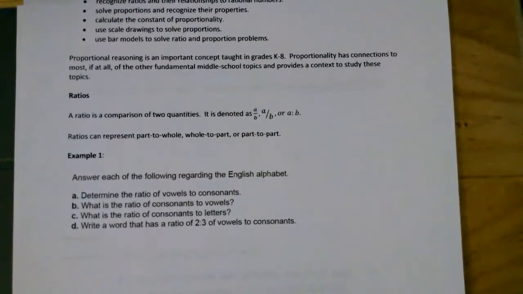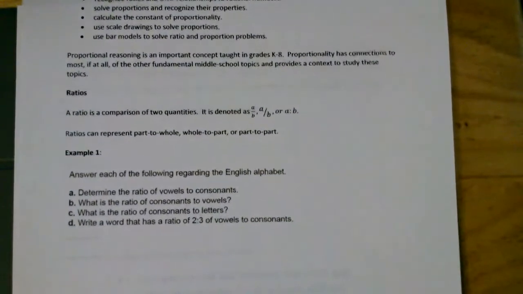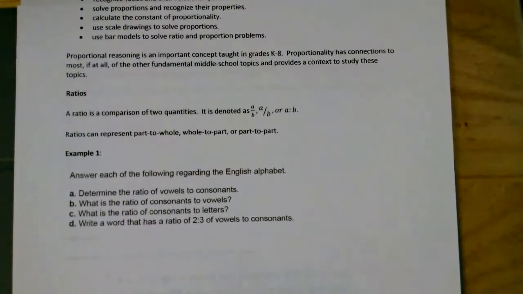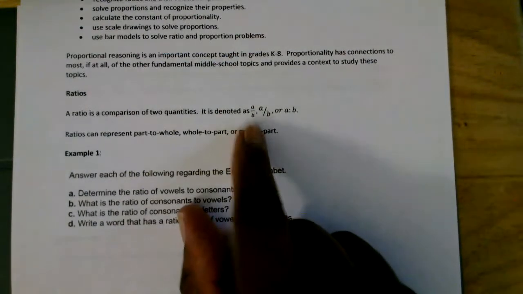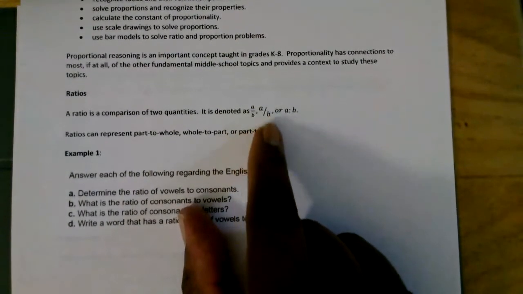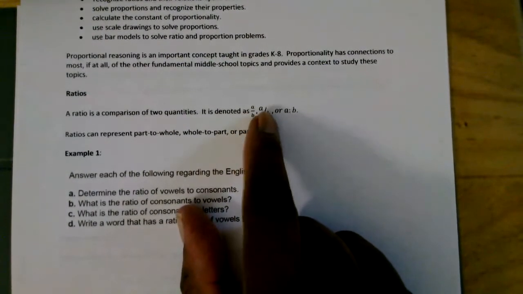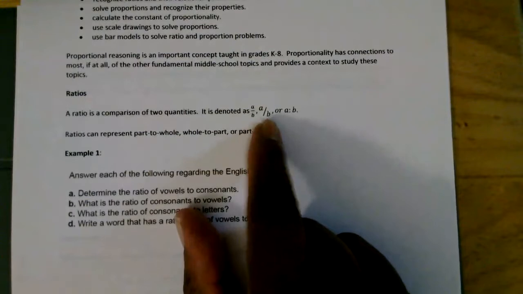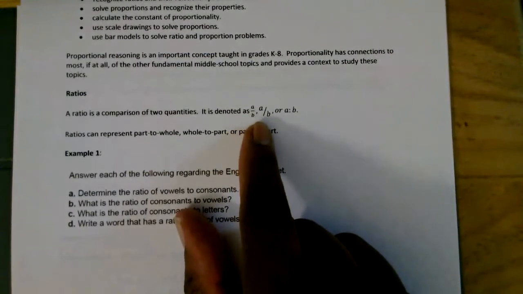All right, a ratio is a comparison of two quantities, and it is denoted as a fraction A over B, and sometimes they write the fraction like this, A with a slash and then B, but it's still A over B. They're both the same.